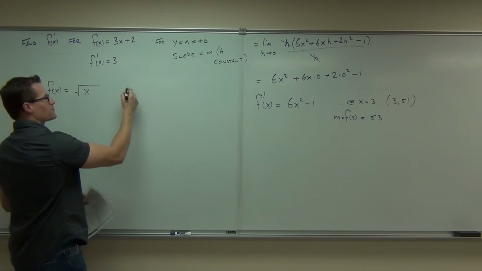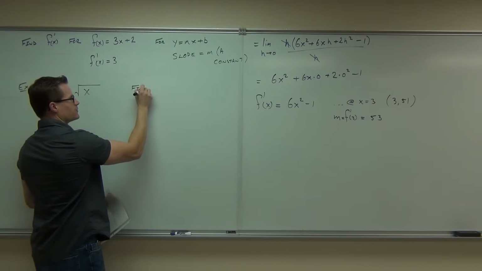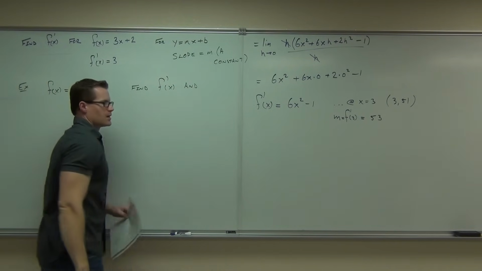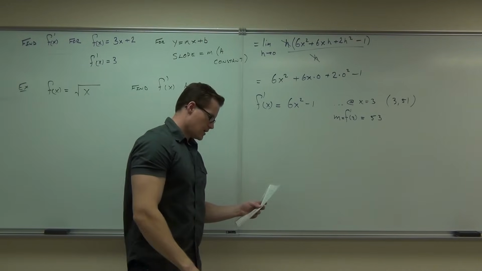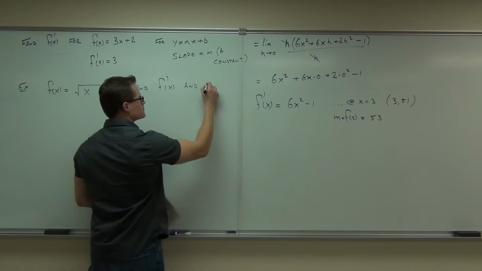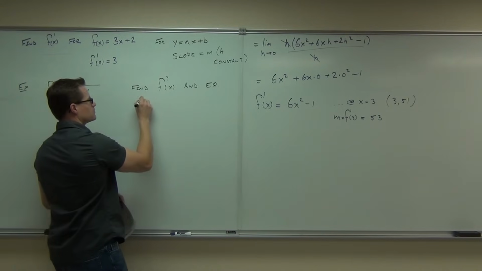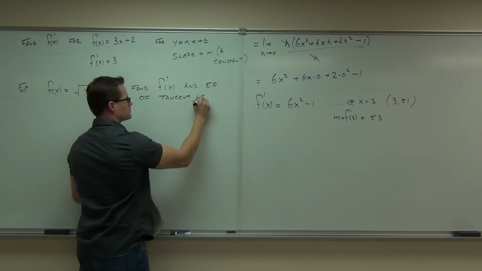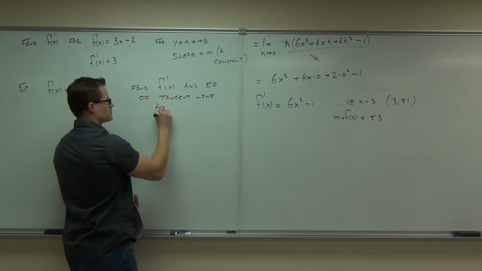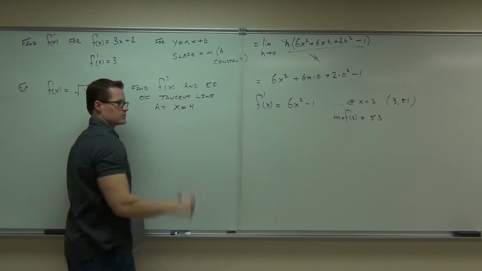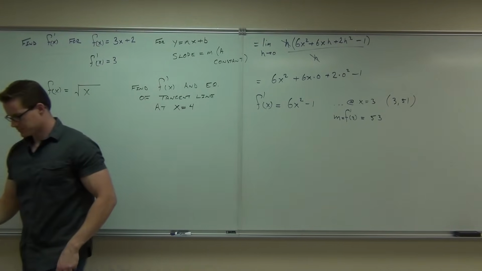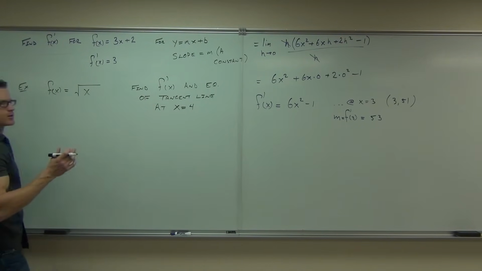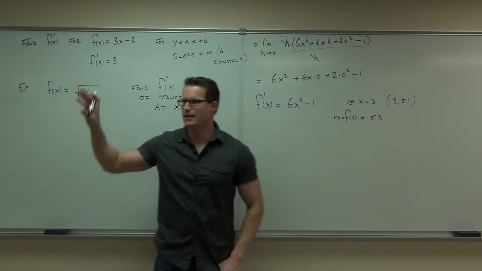Anyway, let's go ahead, let's find the derivative and the equation for the tangent line at x equals 4. Give it a try. First thing we got to do, of course, in order to find the derivative, this is not easy like our lines, all right?